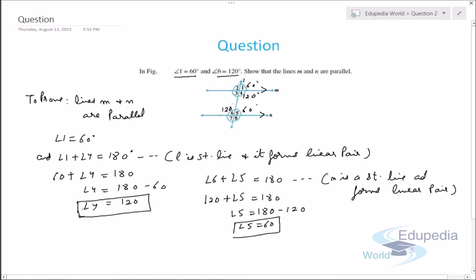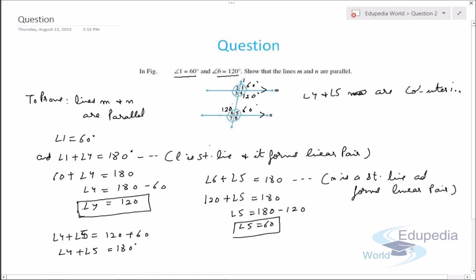Now, if we add angle 4 plus angle 5, it comes out to be 120 plus 60, and angle 4 plus angle 5 makes 180 degrees. So what does this imply? Angle 4 plus angle 5 is 180, which means angle 4 and angle 5 are co-interior angles.